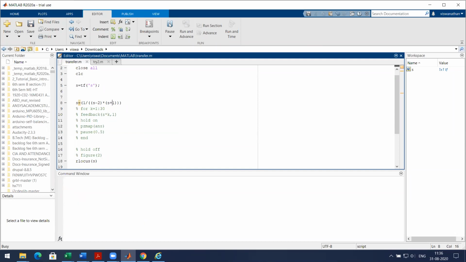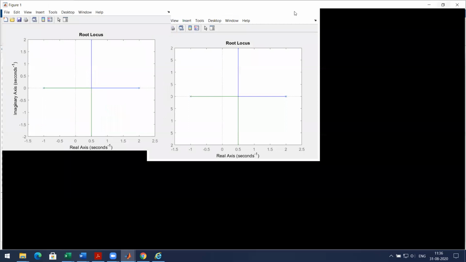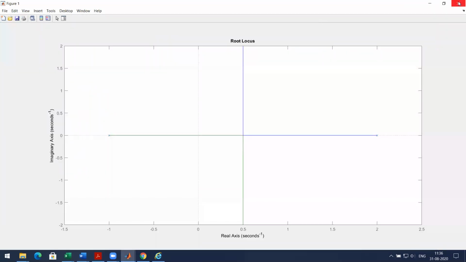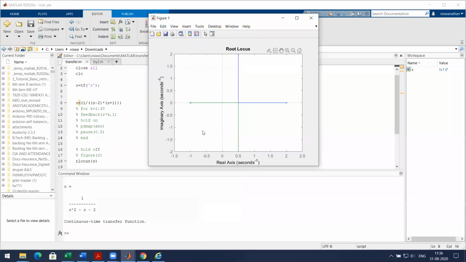I run this. Now, for what value of k will this become stable? So the pole positions are 2 and -1. For what value of k will the system become stable?